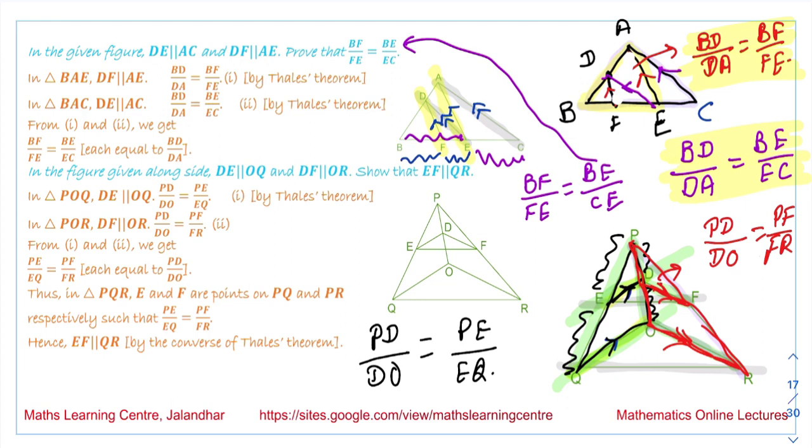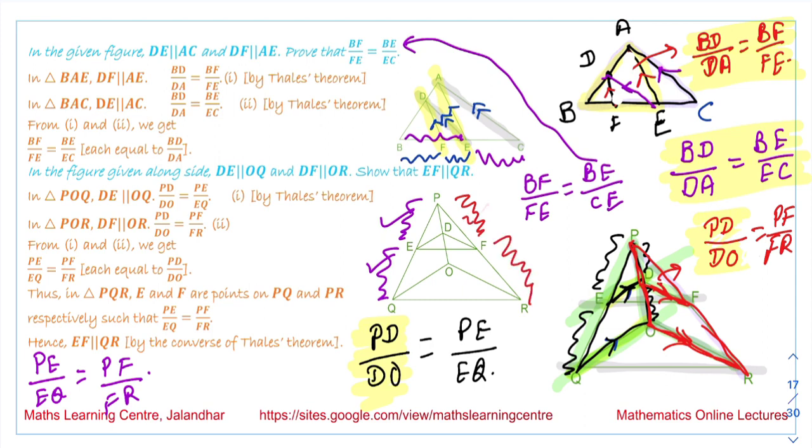So from both these equations, what we get is that this side PD over DO is common or equal in both of these. So what we get is that PE over EQ is equal to PF over FR. Now if we look at the triangle PQR, the larger triangle we are talking about, what we have is this length PE over EQ, we are saying these two sides, is equal to PF over FR. We are talking about these two sides, the ratio of these two is the same.